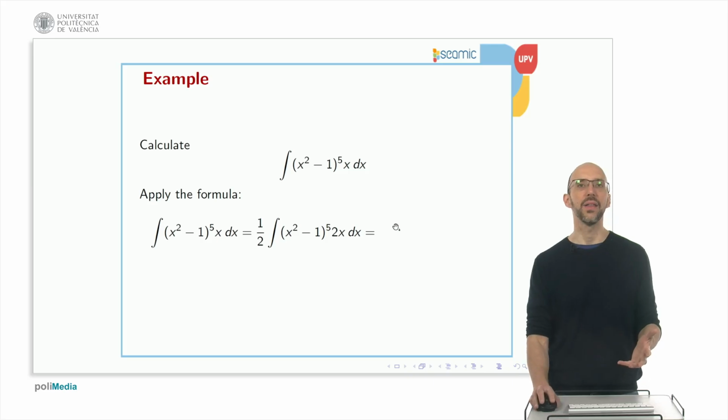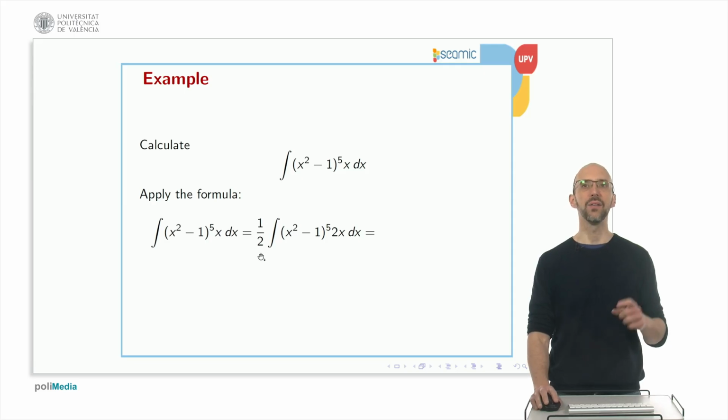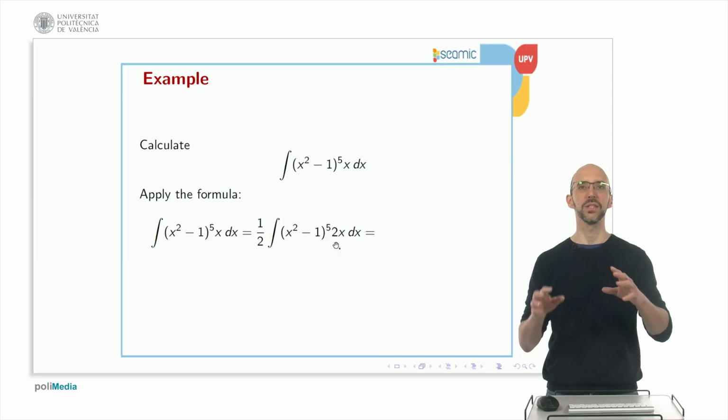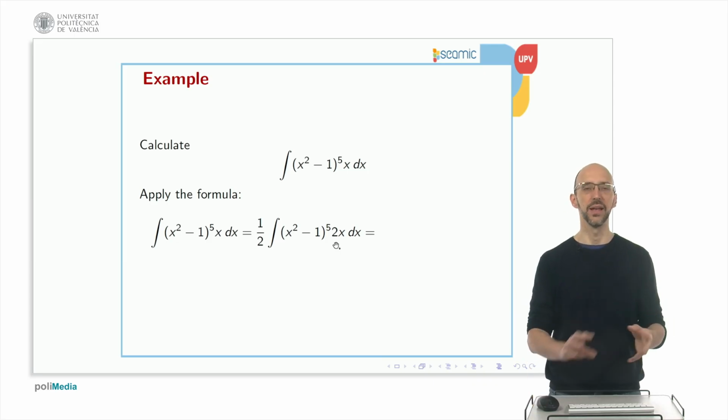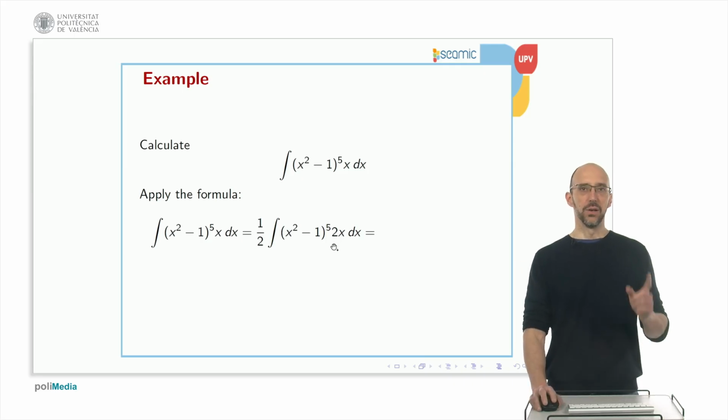Okay, if I add 2 here, I need to multiply by 1/2 outside of the integral. Okay, this 1/2 will remain. This 2x is going to disappear because it's the derivative of the function inside. But this 1/2 that I just added just to balance the derivative should remain at the end.